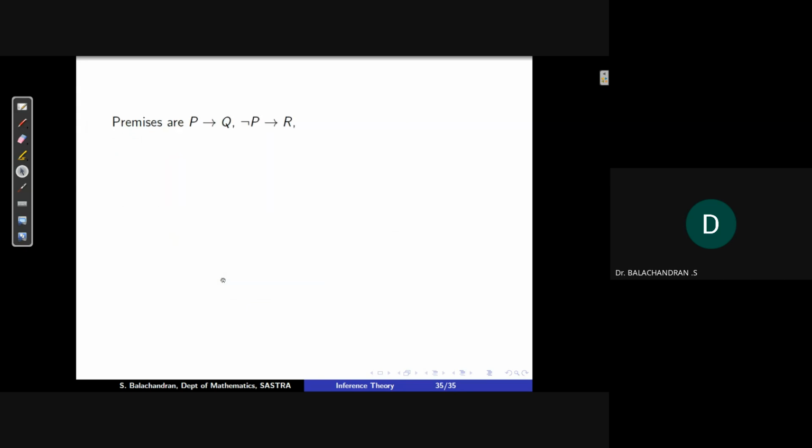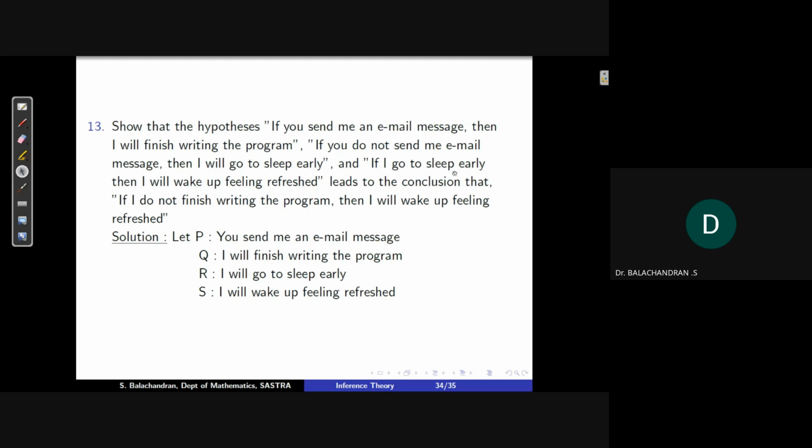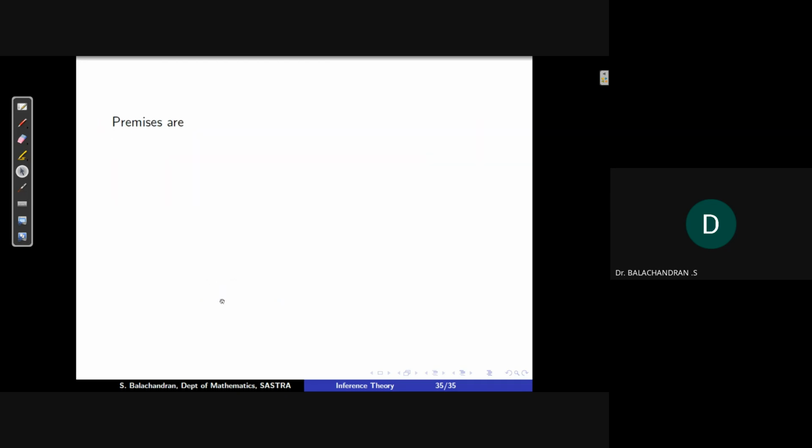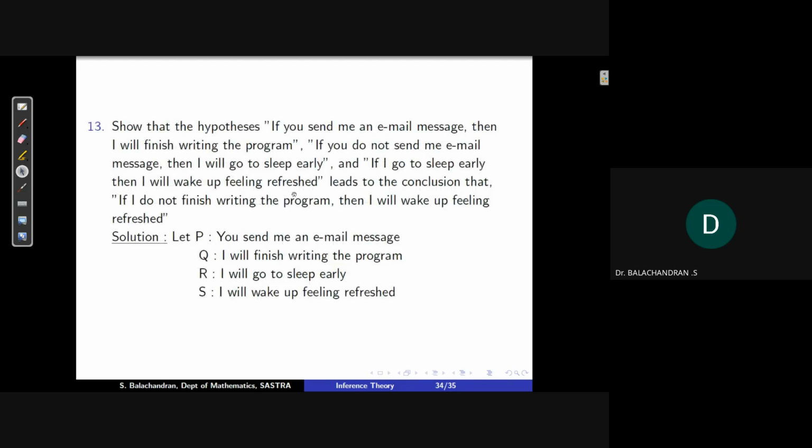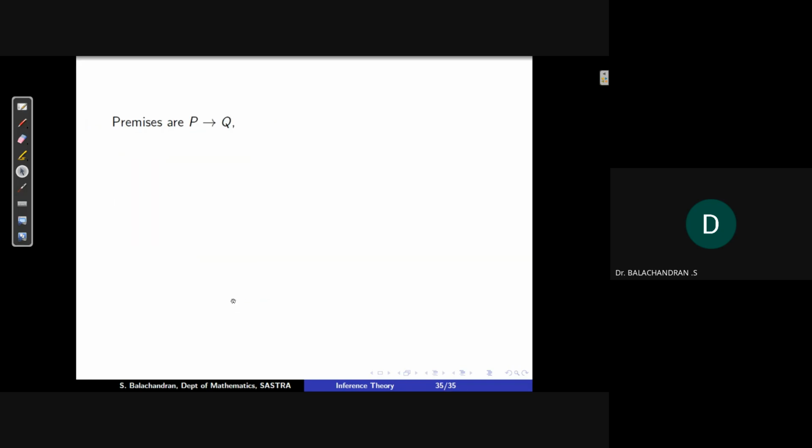Third one, if I go to sleep early, that is R implies S. So the conclusion is: if I do not finish writing the program, negation Q implies S. Look at the conclusion, negation Q implies S.